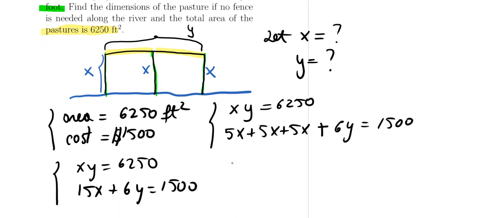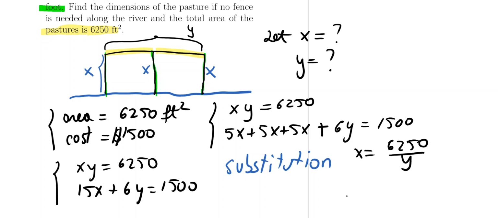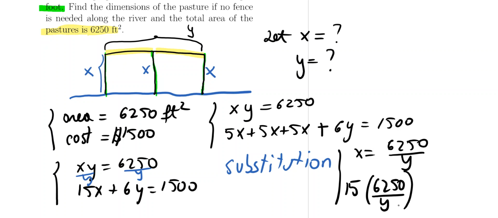So let's solve it by substitution. From the first one, I can solve for x and get that x equals 6250 divided by y. All right, just divide by y both sides. And then I'm going to substitute that in the second one. So instead of 15x, I'm going to have 15 times 6250 over y. So this is my x right here. Plus 6y equals 1500.